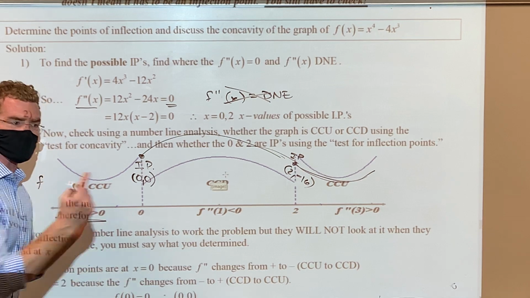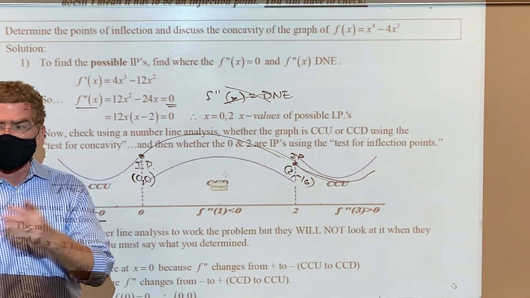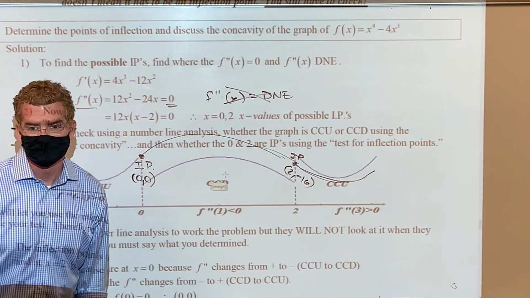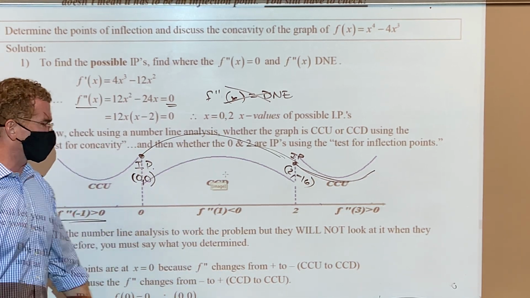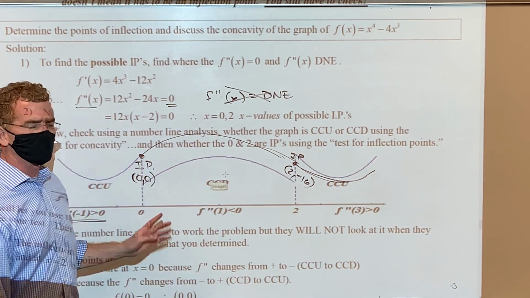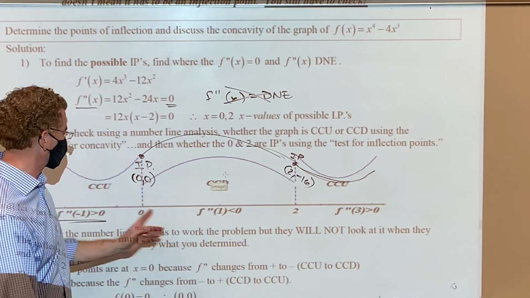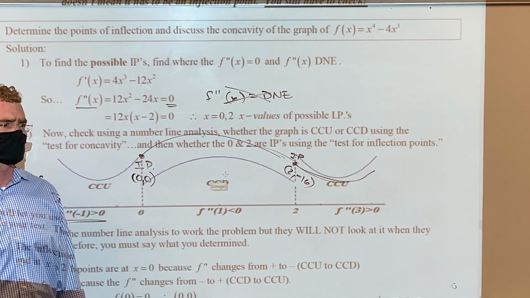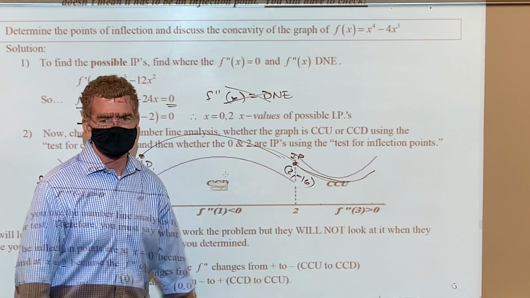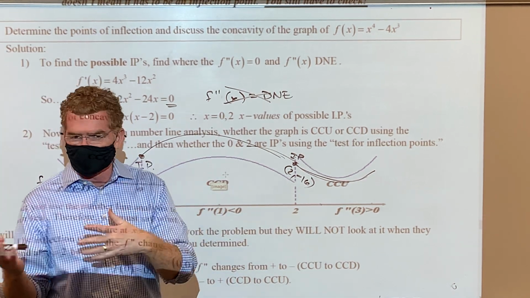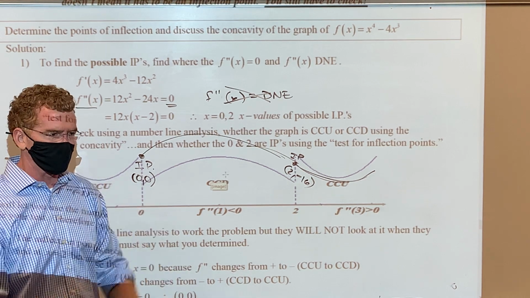So critical numbers are X values, and they lead to maxes and mins, which are Y's, and then inflection points are just points. And sometimes AP will say, hey, at what X values do the inflection points occur? Well, if that's the case, just say, oh, it's 0 and 2. Or what are your X values of your inflection points? 0 and 2. But the actual points are points. And that's different from critical numbers and maxes and mins, which are just X's or just Y's.